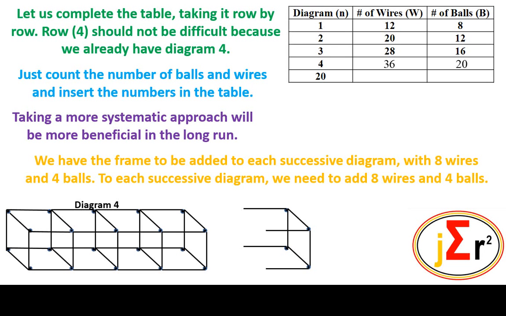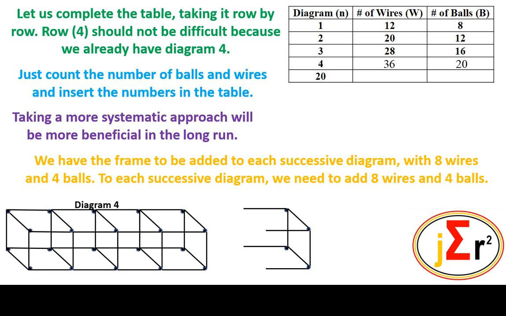To each successive diagram, we need to add 8 wires and 4 balls. So we will begin with the first diagram, and we need to add 8 wires. So we say begin with the first diagram, add 8 wires, that's 20. Add 4 balls, that's 12.